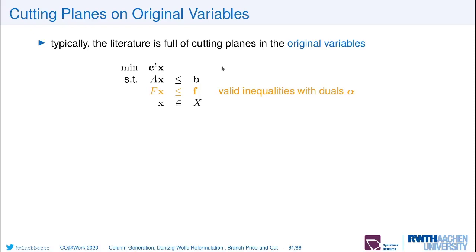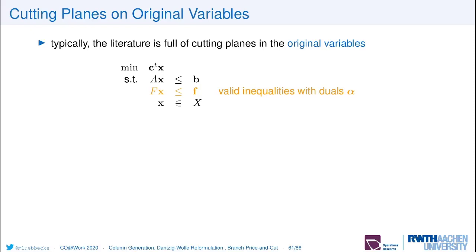So what would happen if I have my model here, and let's assume I would like to solve that by a Dantzig-Wolfe reformulation, and I'm doing column generation, and the pricing problem is here over this X domain. Okay, so this is what we just did, and I'm trying to do the same, but this time I'm adding to my original model more valid inequalities that I know from the literature.